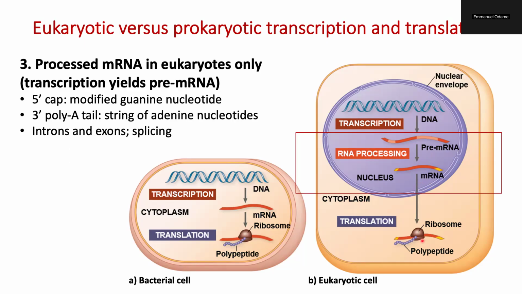And as this is going on in the eukaryotic cell, when the DNA is transcribed into premature mRNA, two things are being coded. In the eukaryotic cell, there'll be a code for introns and exons, and there has to be splicing that occurs to splice out all of the introns so that the exons can code for what they need to code.